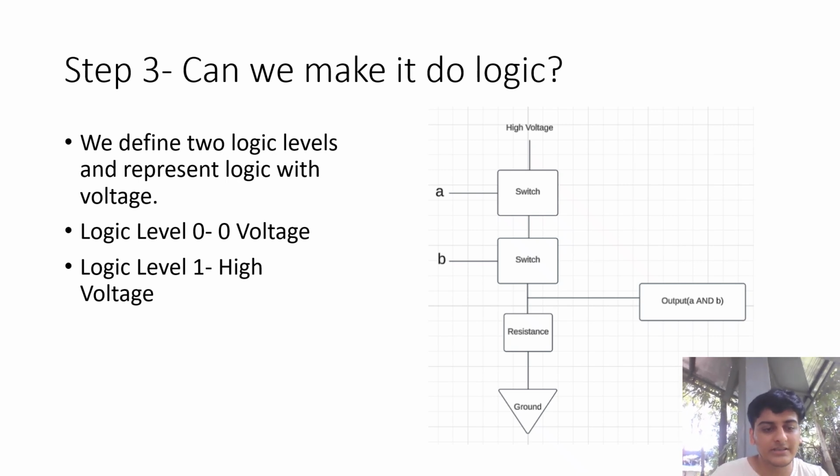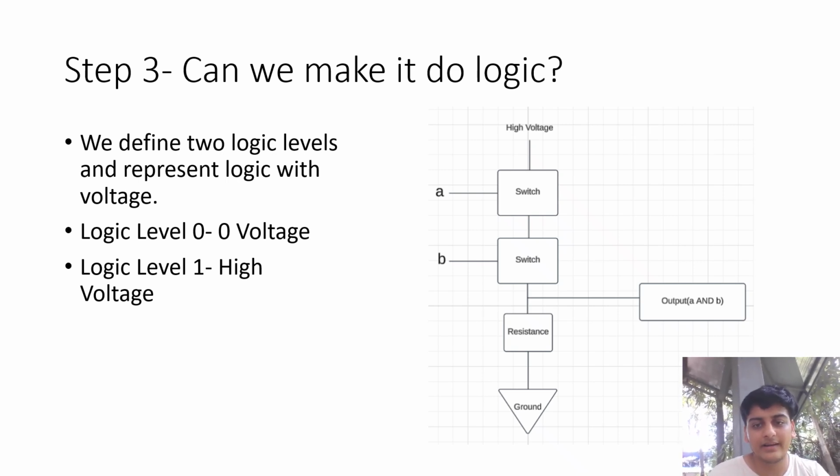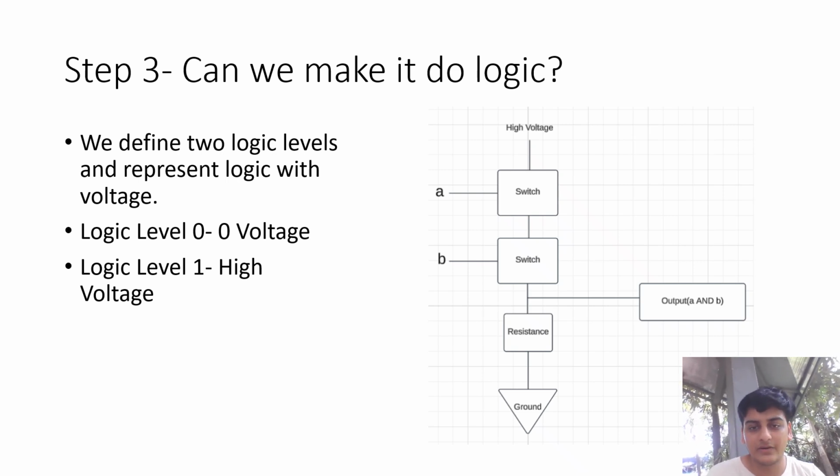And as you can see on the left, I have given a gate to both these switches. So if you remember in one of the previous slides, I told you how the on or off condition of the MOSFET is controlled by the voltage input that is given to these gates. So our A and B are actually the inputs which we want to AND together, and we are giving these inputs to the control gate of these MOSFETs.